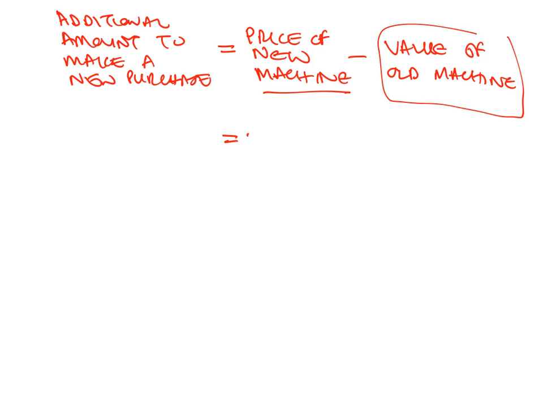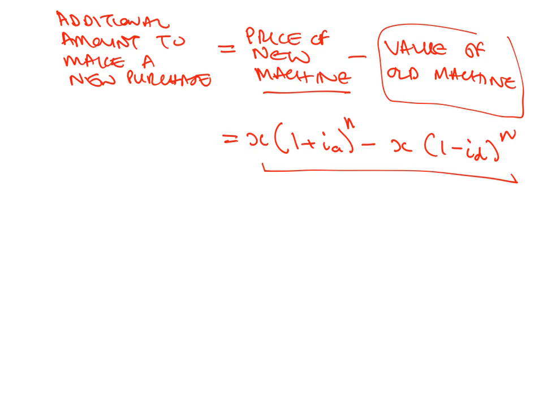So if I input what we've formulated these as, that's x1 times (1 plus the appreciation rate) to the n, minus x1 times (1 minus the depreciation rate) to the n. And this difference here is the amount that I need in my account in order to make that new purchase.